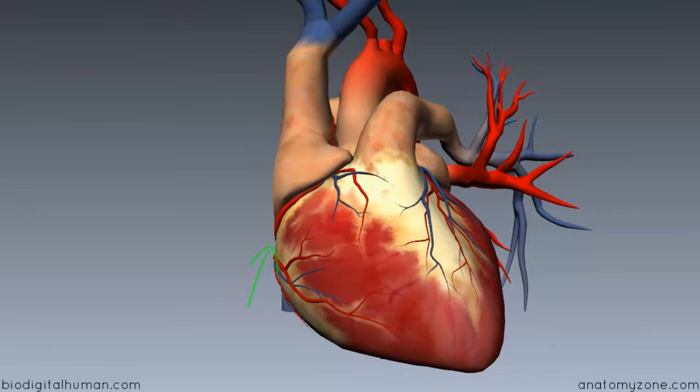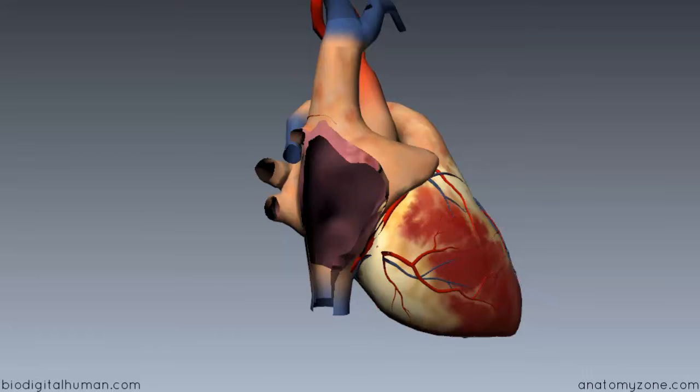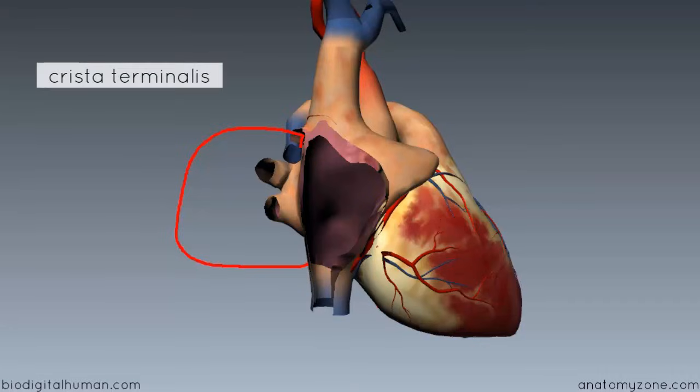What I want to do now is, we've taken this slice of the right side of the heart, and I want you to imagine that we've flapped open the anterior aspect of the right atrium. So I'm going to draw on this atrium opened up. This is the anterior aspect of the right atrium being flapped open. Internally, corresponding to the sulcus terminalis, we've got something called the crista terminalis.